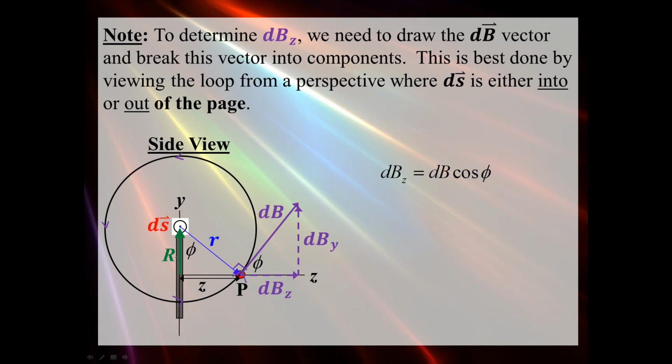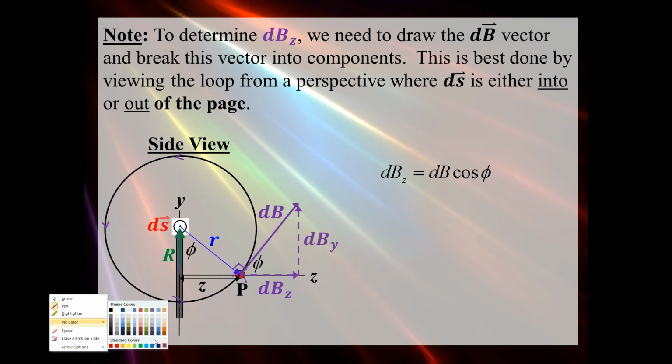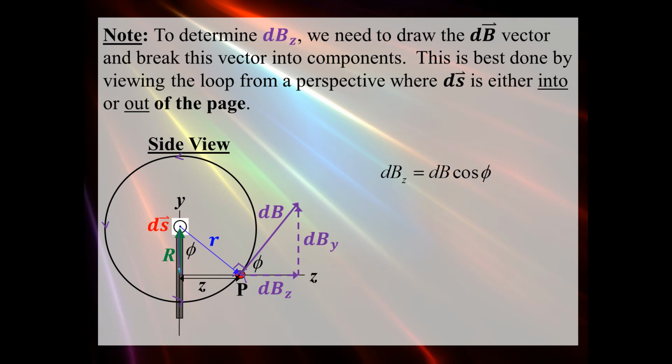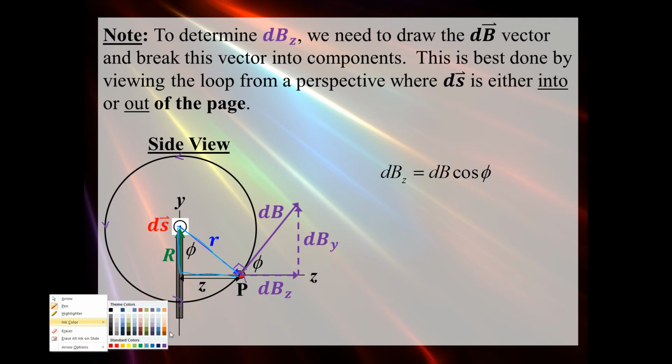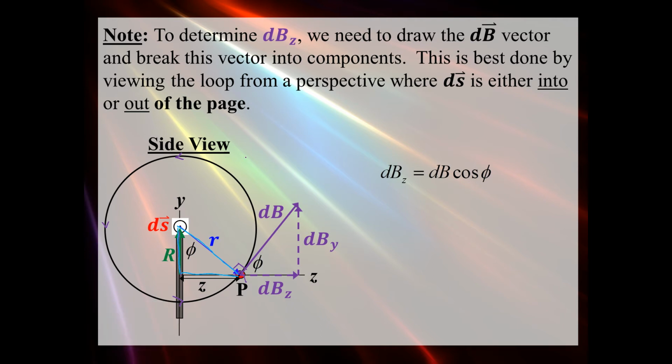To get cosine of phi, we can use this right angle triangle. Here, let's do it in different colors so we can highlight it a bit better. Okay, so I can use this triangle to figure out what the angle phi is going to be. So if I write that down, we would have cosine of phi, because I want to replace cosine phi in that equation.